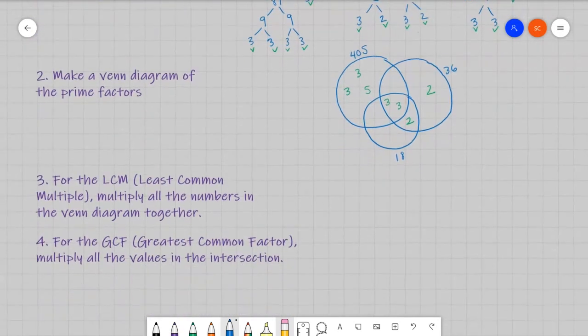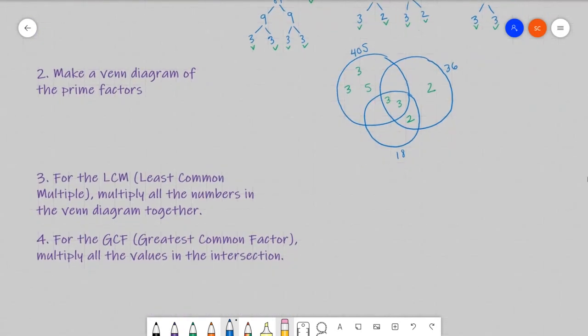So the next step is to find the least common multiple for these 3 numbers. In our notation, sometimes you'll see this, least common multiple of 405, 36, and 18 equals, and then we'll write out our answer. Our trick here is that we're going to multiply all the numbers that are showing in that Venn diagram together. So all the green numbers that are visible here.